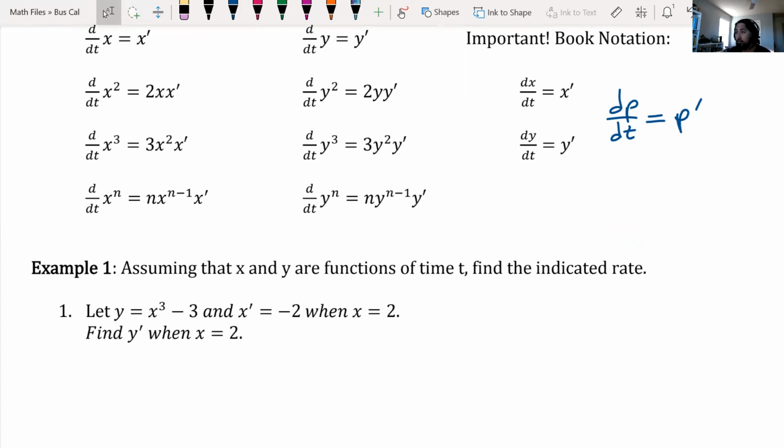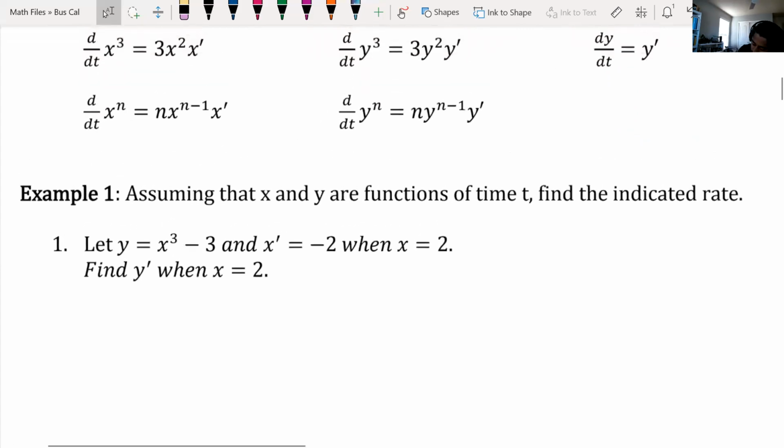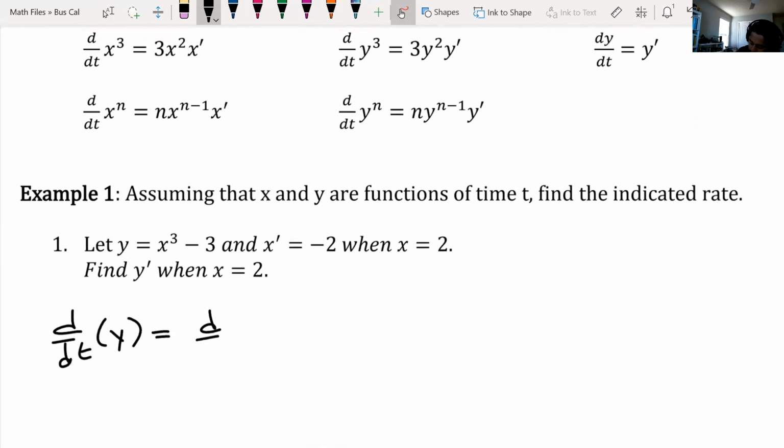Okay. So for number one, we're going to say d over dt of y is equal to d over dt of x cubed minus 3.